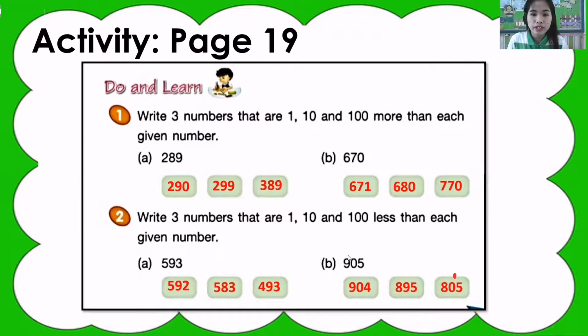So let's have the letter B. The number here is 905. If you are going to subtract 1 from 905, that is 904. 905 minus 10, that is 895. And the last one, 905 minus 100, that is 805.